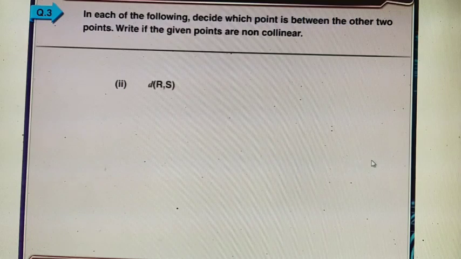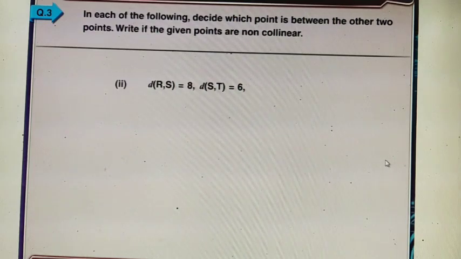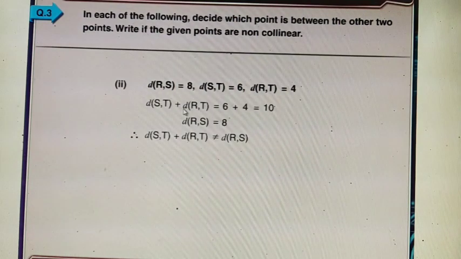Second, distance between RS is equal to 8. Distance between ST is equal to 6. Distance between RT is equal to 4. Now here the smaller distances are 6 and 4.